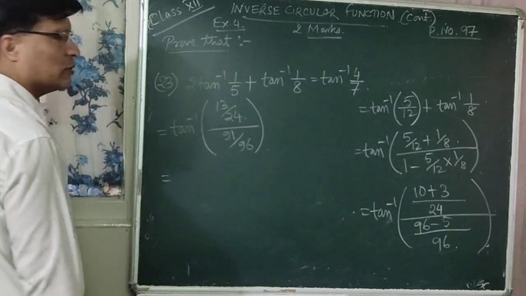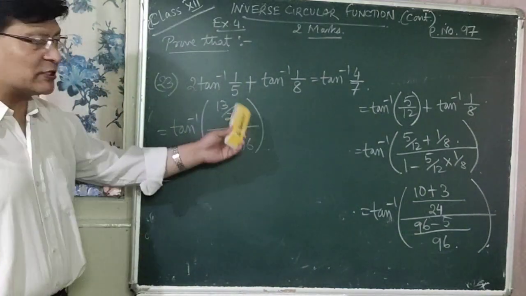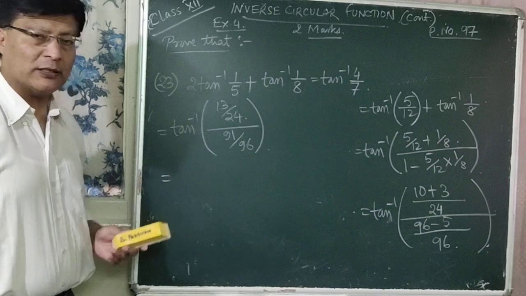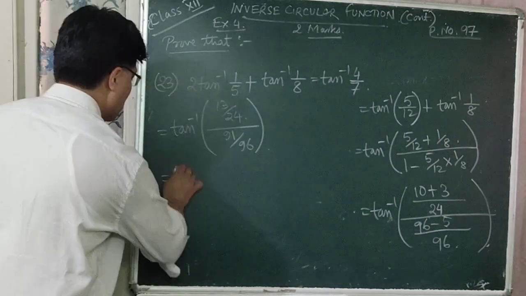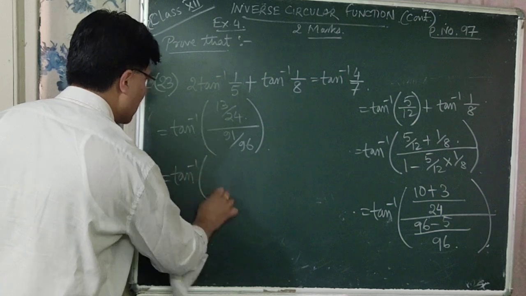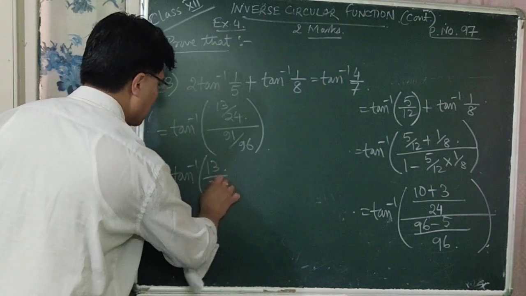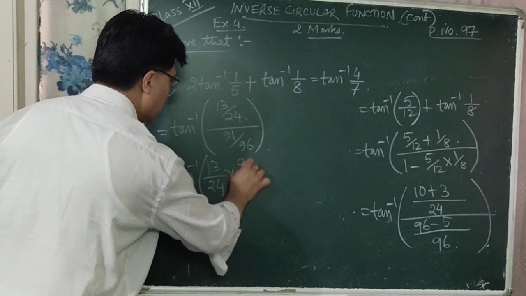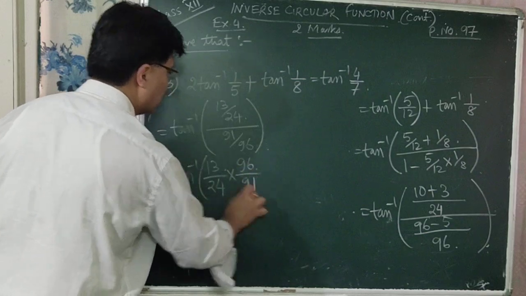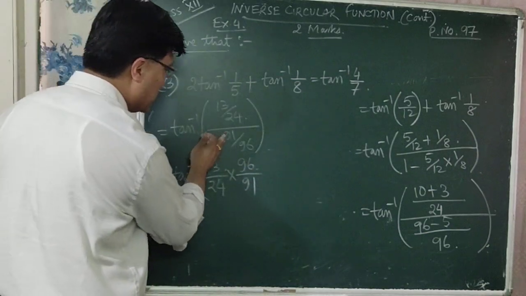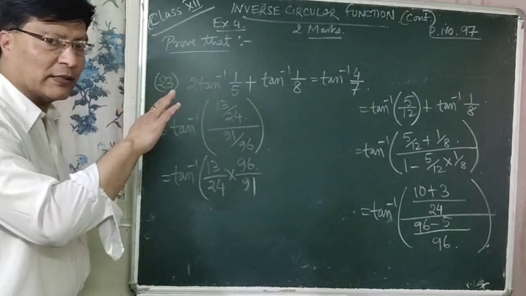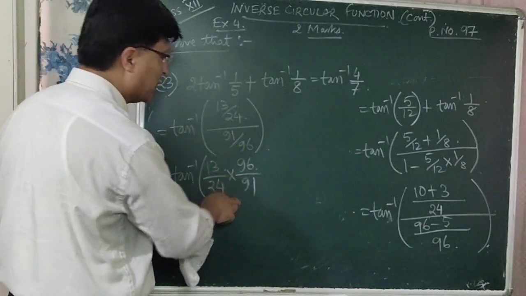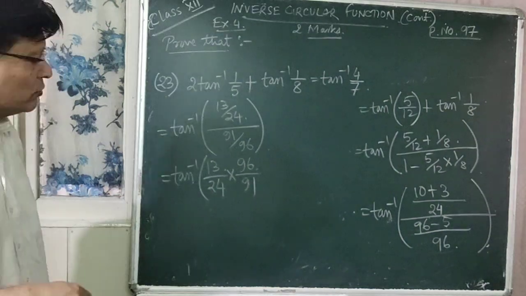So which is equal to, now again you have to simplify this fraction. In the numerator there is a fraction, in the denominator also there is a fraction. So tan inverse within bracket 13 by 24 into 96 by 91. You know that when this denominator goes up in the numerator, it becomes 96 by 91. That means upside down.